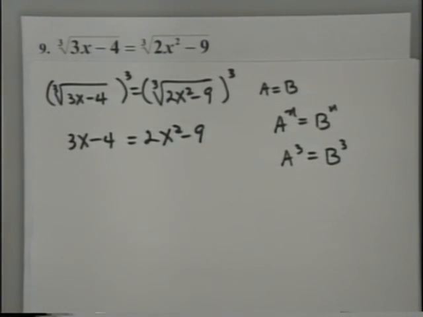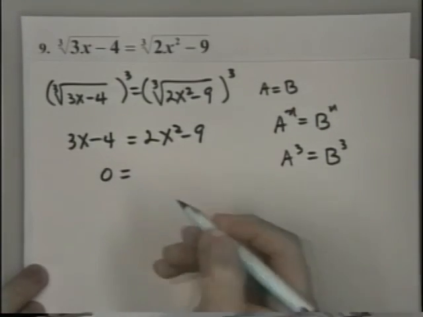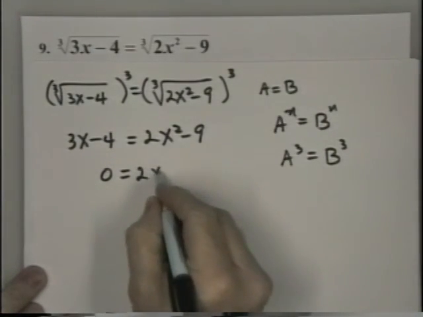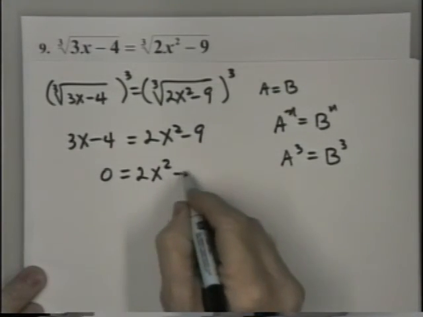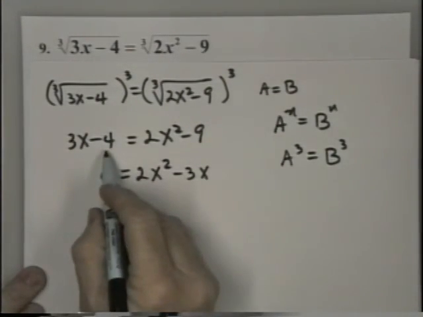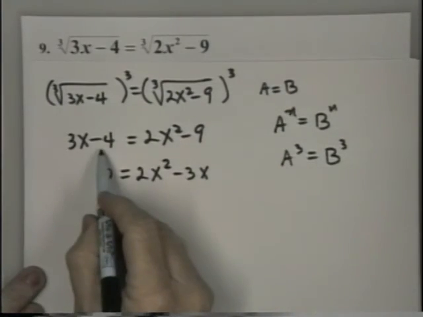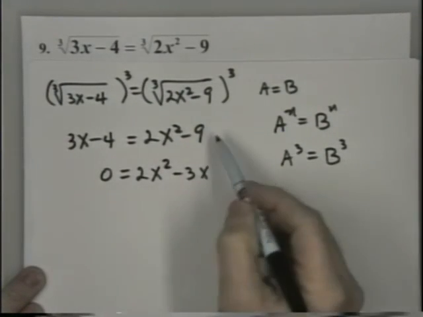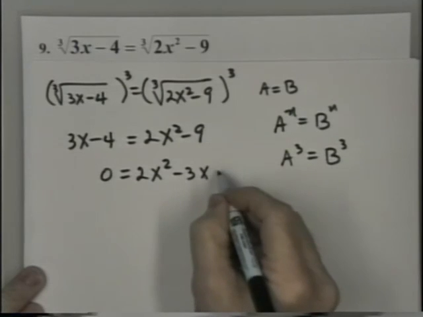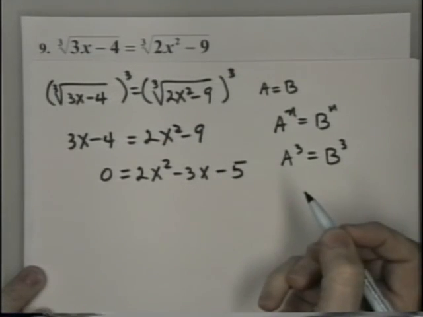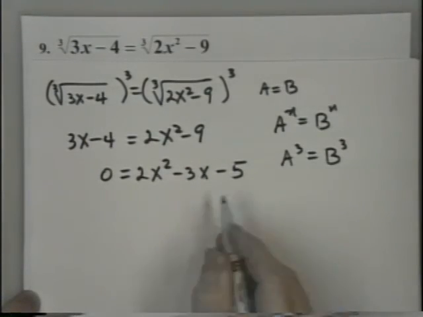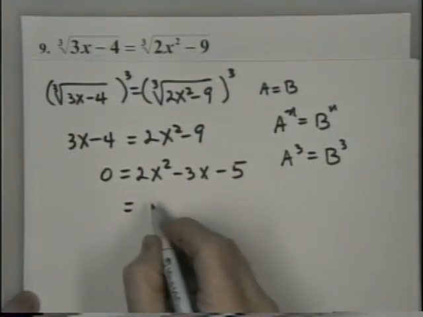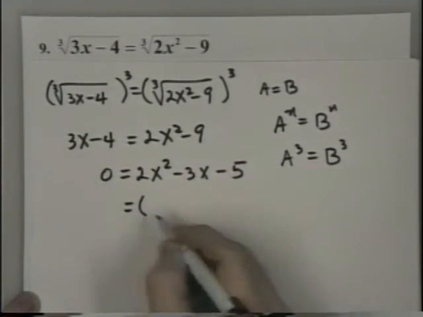And so it comes out as a quadratic equation, which we know to set equal to 0. So subtract 3x from both sides, add 4 to both sides. If you add 4 to this, that goes away. Add 4 to this, you get minus 5. And right here you expect, if it comes out to be a quadratic, that this is going to factor. If it doesn't, probably something's wrong.